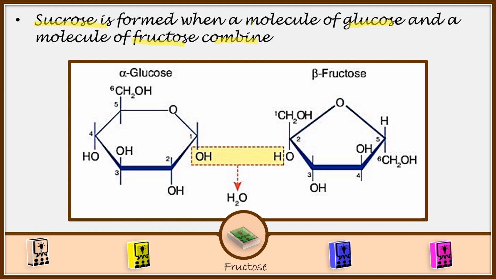This is our molecule of glucose, and this is our molecule of fructose. When they are combining, we are going to use carbon atom 1 of glucose and carbon atom 2 of fructose. A 1,2 glycosidic bond will be formed.